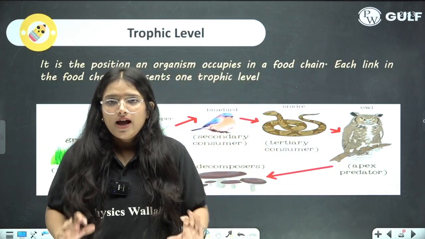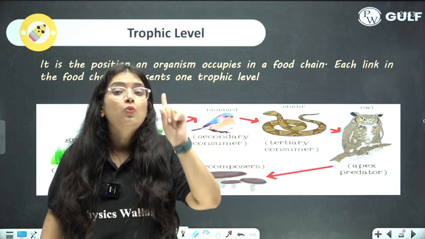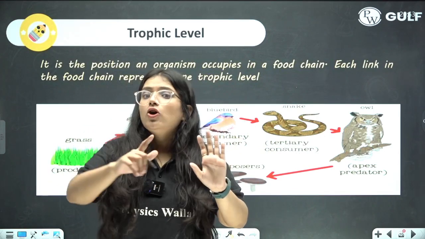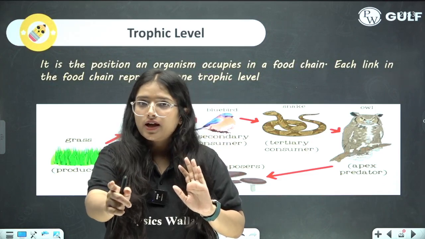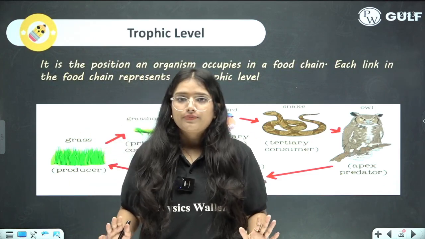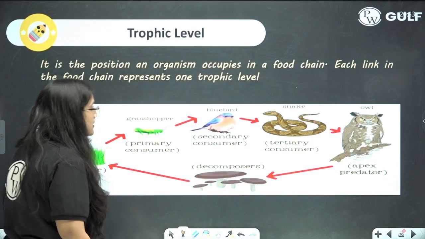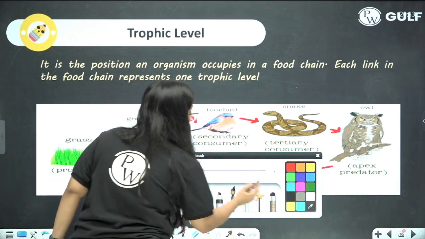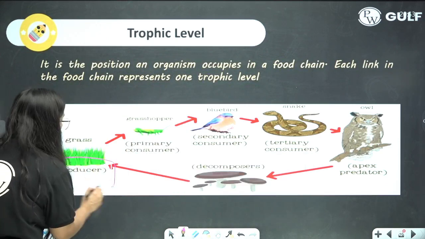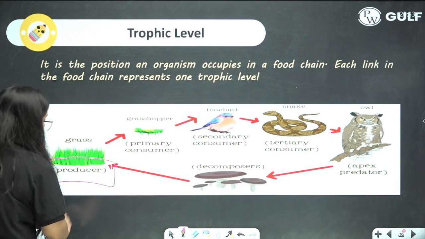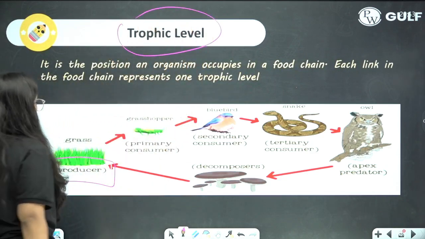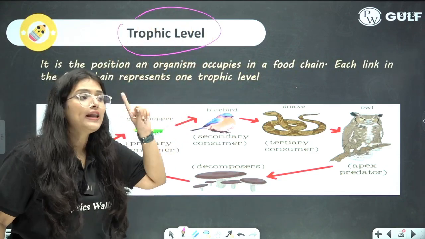Like when we are talking about just one single linear sequence of a food chain, I'll be eating only this particular organism, so I have occupied this position. Similarly, here you can say that producers occupy the first position always. Therefore, these positions are known as trophic levels. So the producers will always be at trophic level 1.